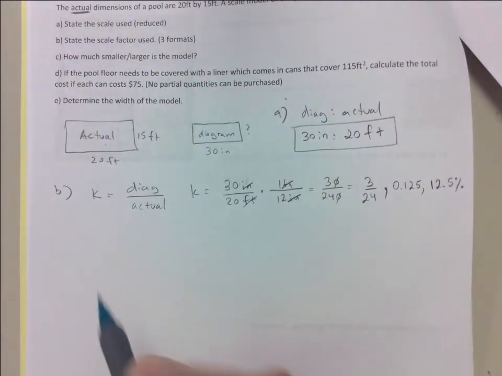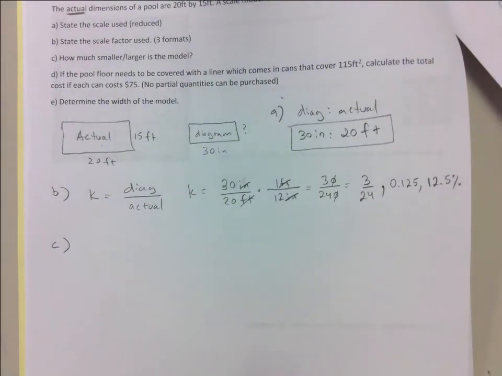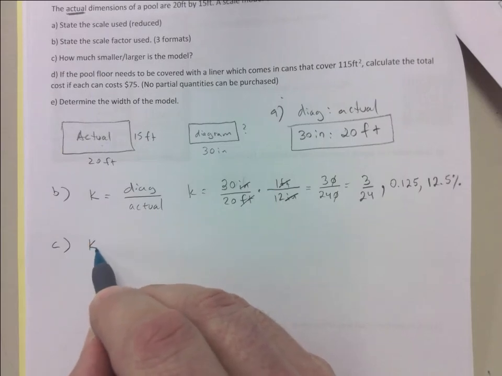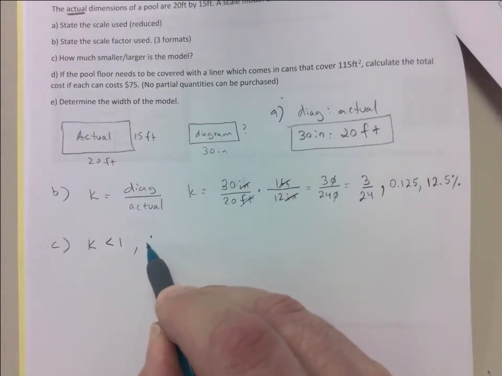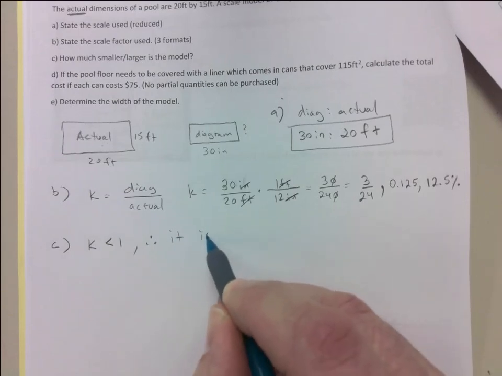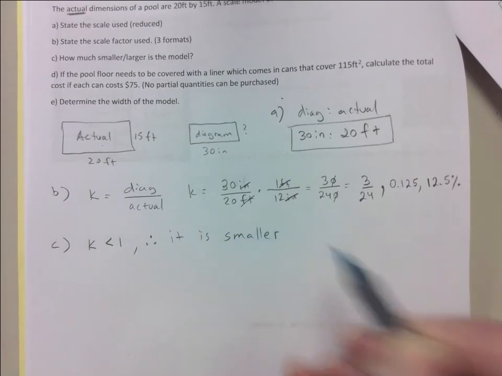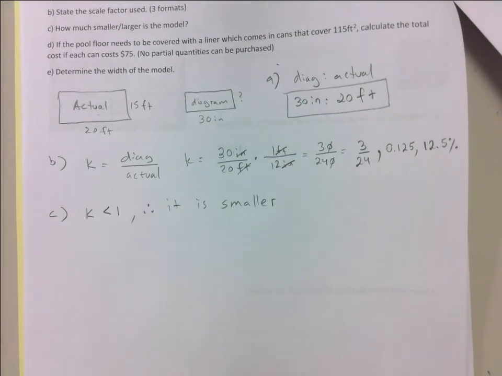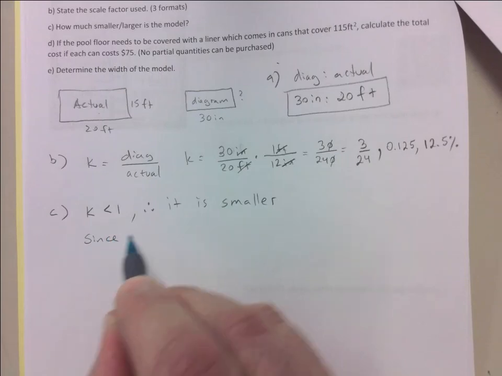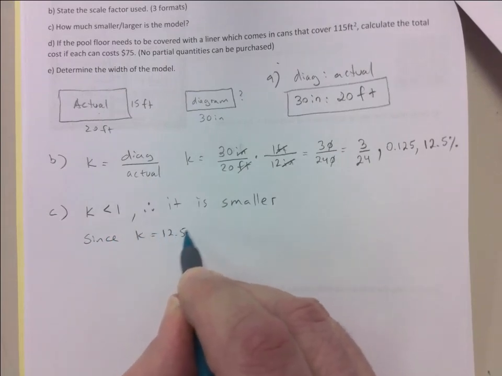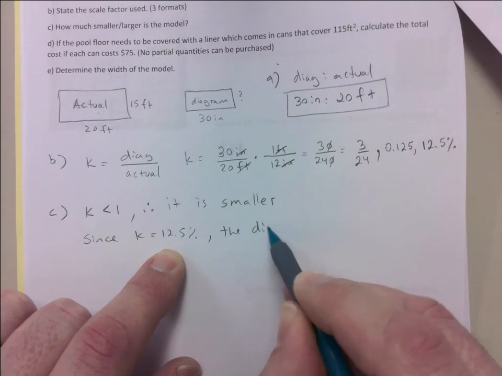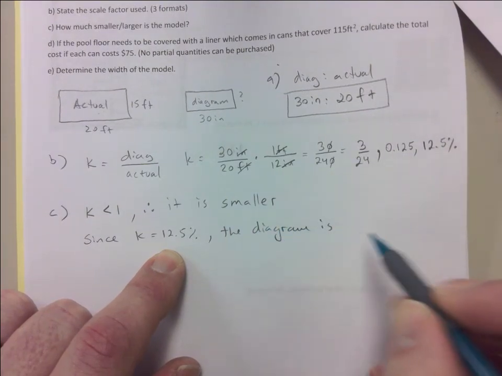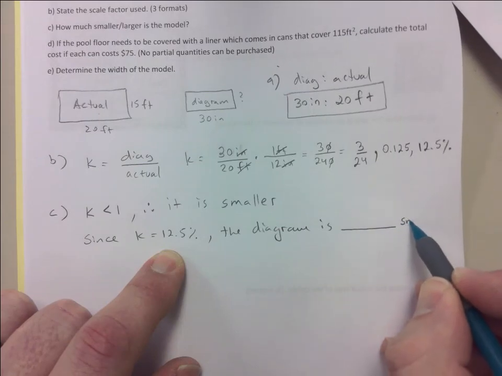So that's B. C. How much smaller or larger is the model? K is less than 1, therefore it is smaller, no surprise. Since K is 12.5%, the diagram is this much smaller.